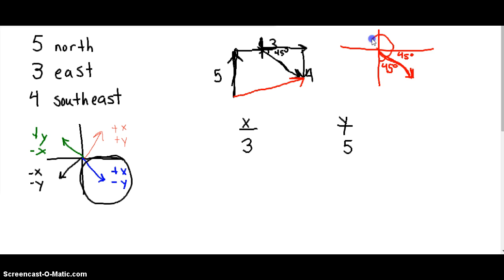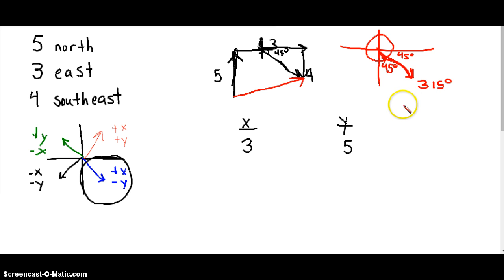If you go all the way around, that's going to be 315 degrees if you start at your positive x-axis. It's going to come all the way around to 315 degrees.